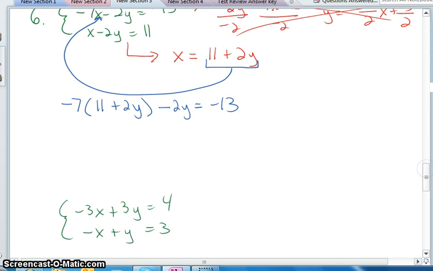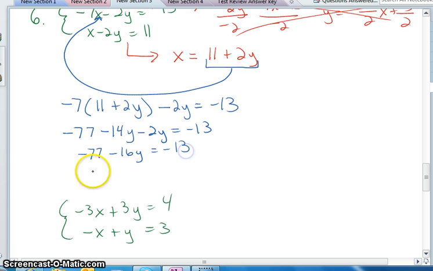So now let's solve this. Negative 77 minus 14y minus 2y equals negative 13. Combine like terms. Add 77 to both sides. Divide by negative 16. So this time y equals negative 4.